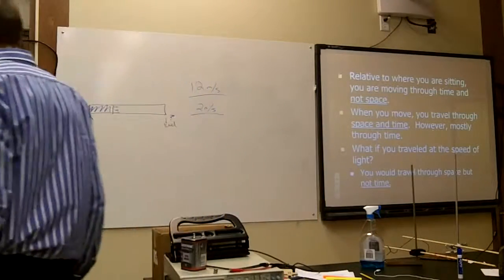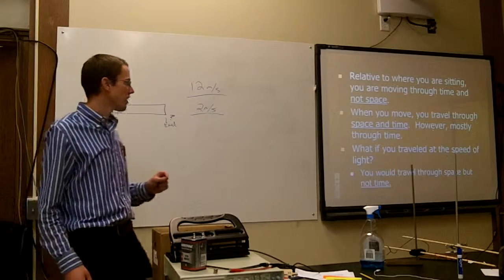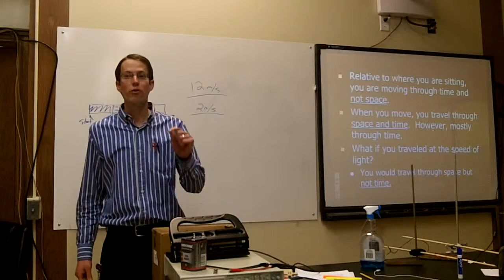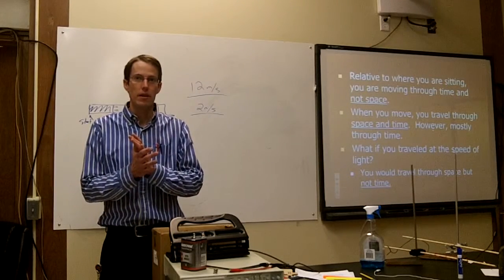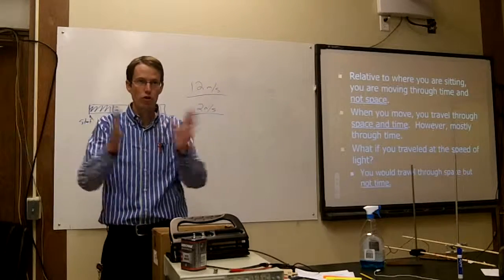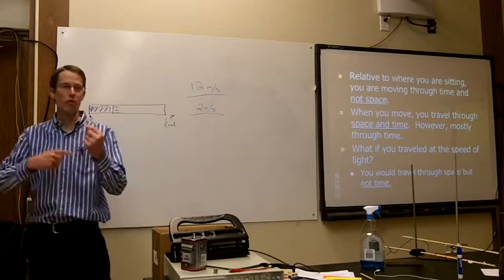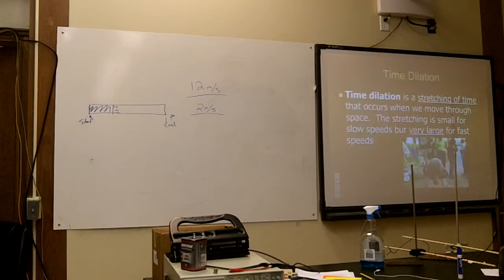Now, if you were to travel at the speed of light, you would travel through space and no longer travel through time, thus making distances shrink. It's the flip of what we are, and that's one of the reasons it's so hard to understand light.